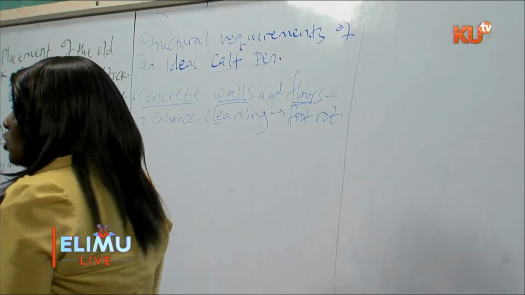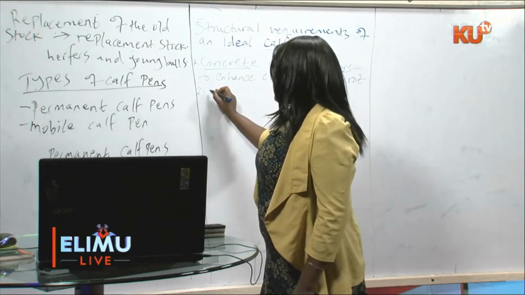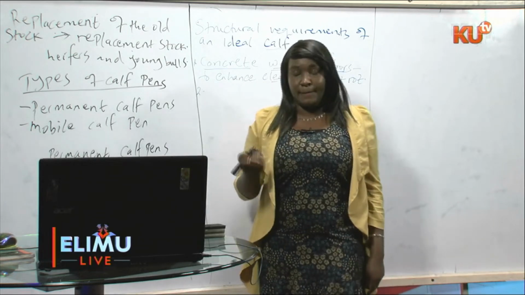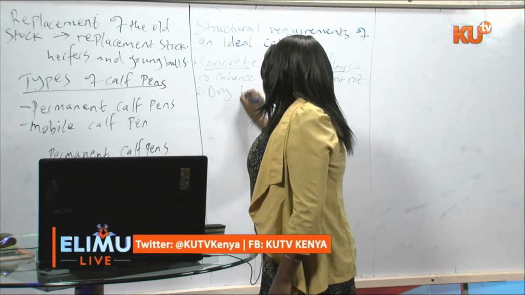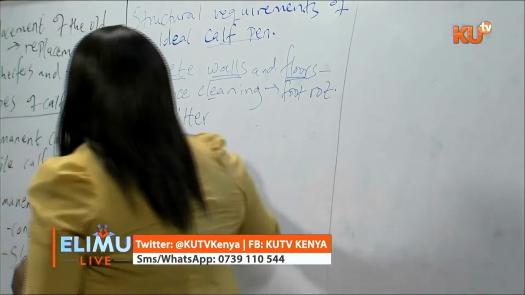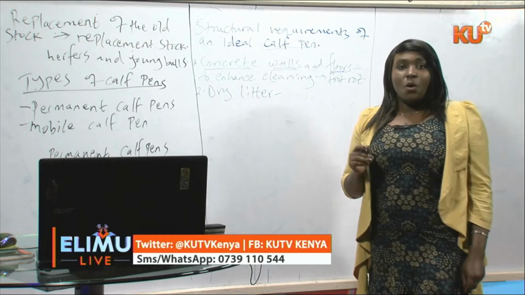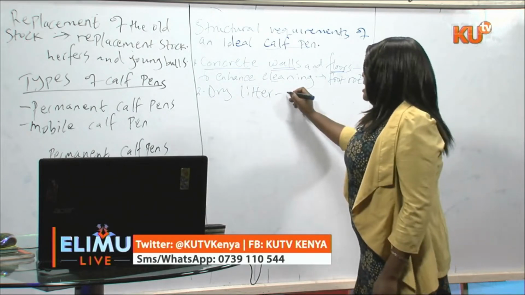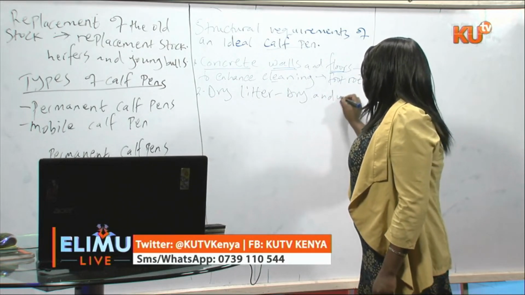Number two requirement of an ideal calf pen is that you should ensure that this calf pen is dry. And how do you ensure that it is dry all the time? Place dry litter on the floors. Why do we place dry litter on the floors of our calf pens? This ensures that the calf pen is dry and warm.